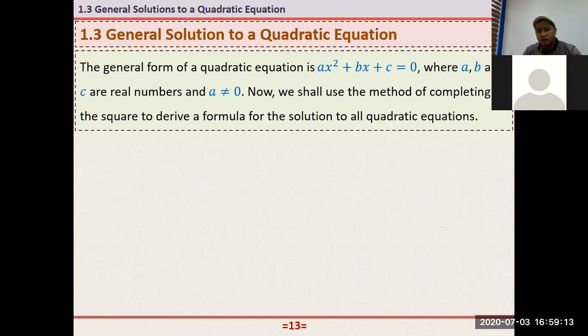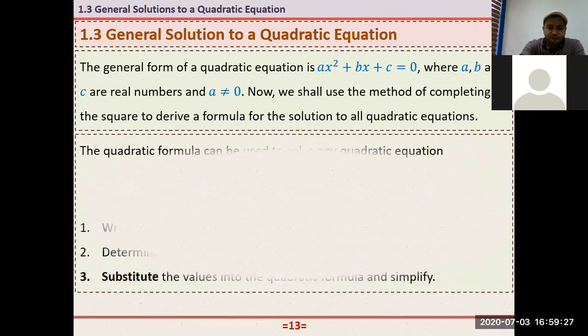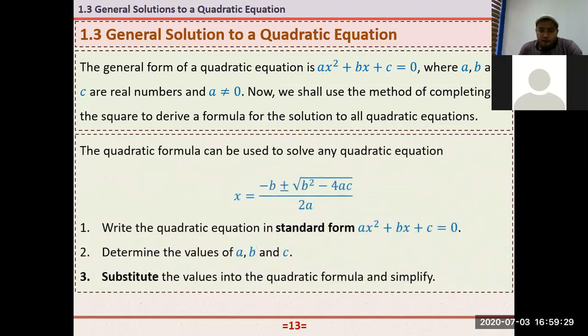How do we solve a quadratic equation by using a formula? So now we are going to generate a formula using exactly the same idea as the completing the square method, okay? So what we are going to do here is, actually we are given a quadratic equation. That is our quadratic equation.